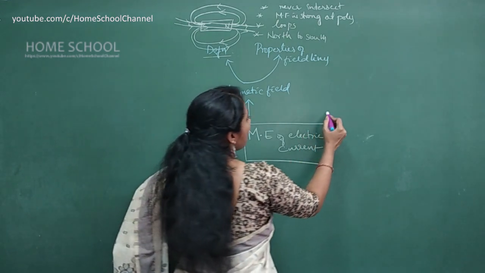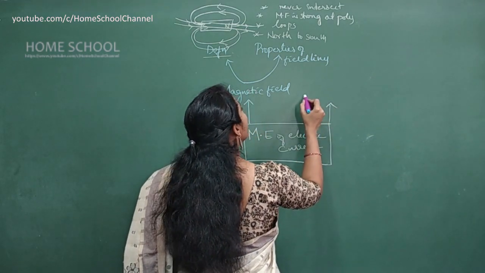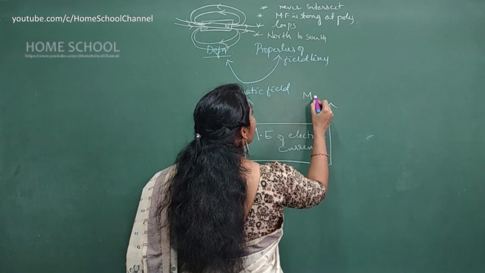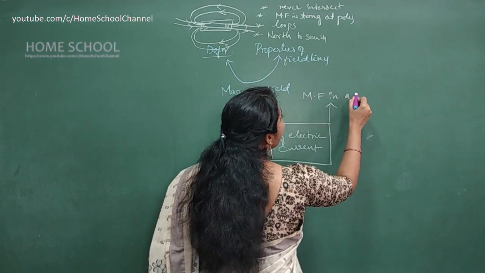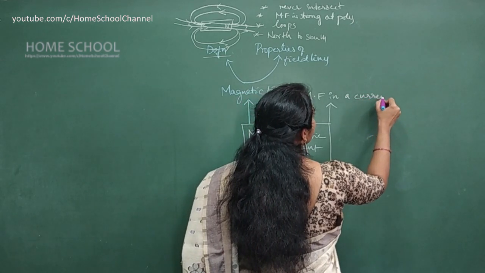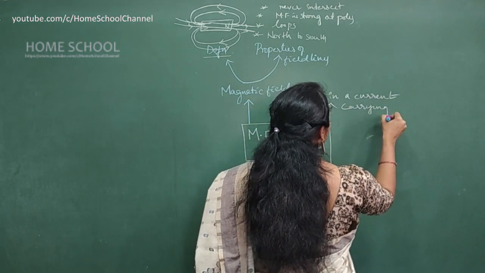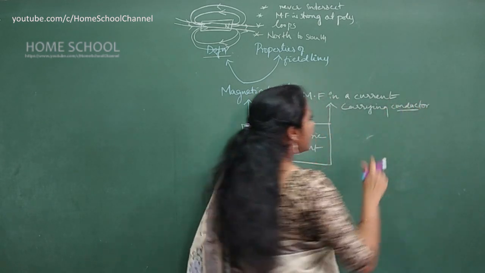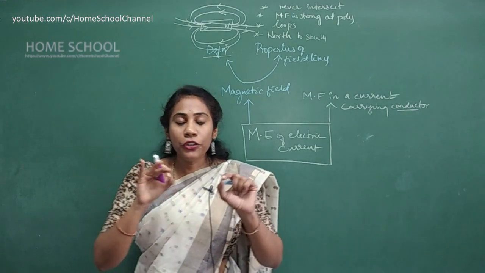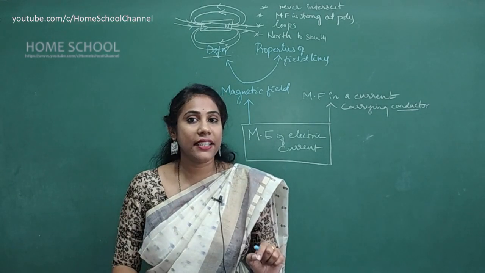And next in the chapter, we studied something called magnetic field in a current carrying conductor. Whenever a current is passed in a certain conductor, a magnetic force is experienced, a magnetic field is generated, right?